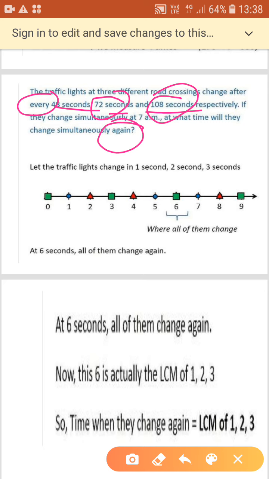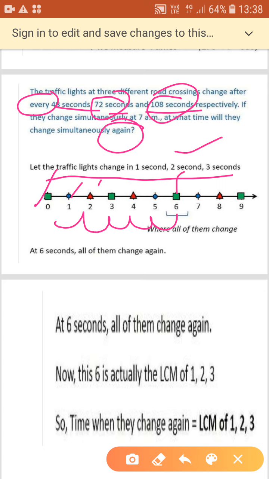So that means the number that we are going to find out is bigger. So that means we have to find out a multiple, LCM. Let us take a simple version of this: let the traffic lights change in 1 second, 2 seconds and 3 seconds. The first light is changing after every 1 second.